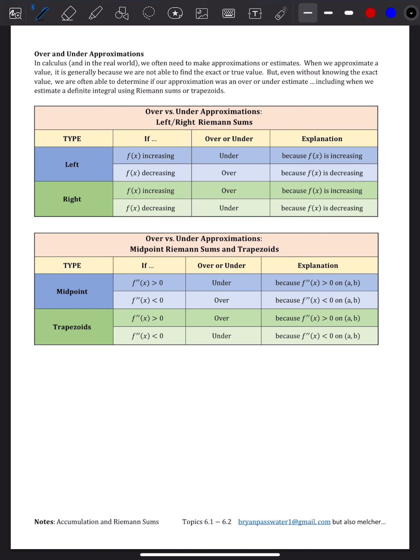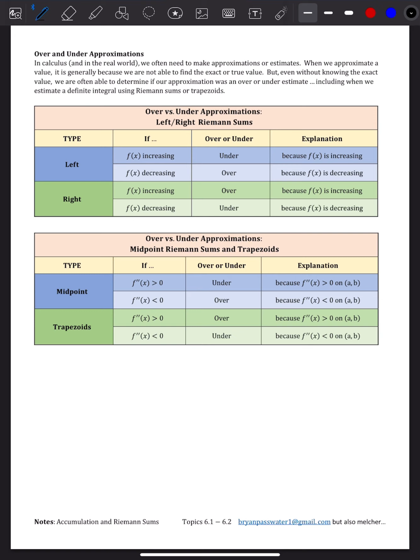And our explanation for those are literally going to be because our function is increasing or decreasing. On the other hand, when we look at midpoint and trapezoidal rule, we want to look at the concavity of our function. If we have a midpoint function and our concavity is positive, then we are going to have an under approximation. If we're looking at trapezoidal rule and our concavity is positive, we are looking at an overestimation.